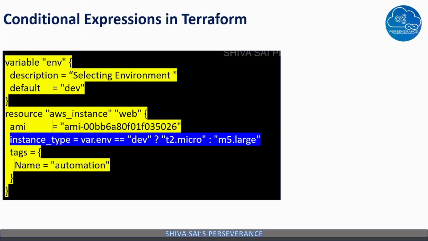Let's check a real-time scenario. For example, a variable env is available here, with some description, and the default value of that variable is dev. This is the closing area for that. Now I'm deploying an EC2 instance with some AMI. If you see here, the instance type, this is the condition before the question mark.